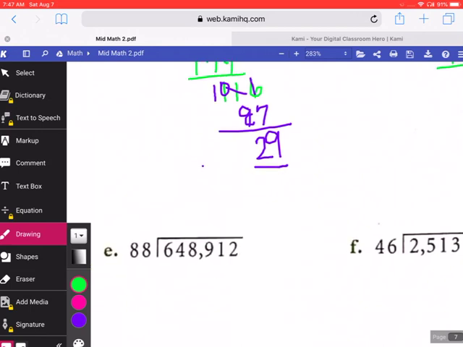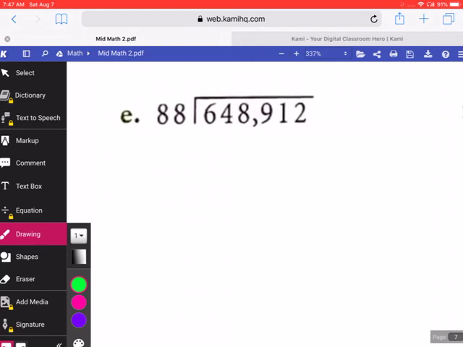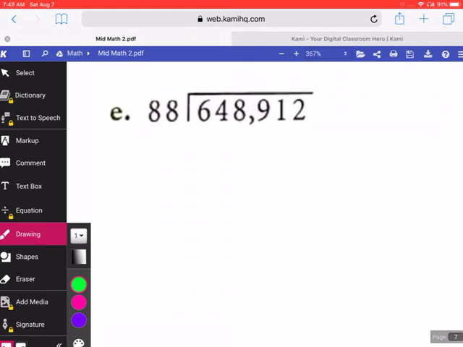And let's do this next one here. One more together. So 88, again, the 8 is more than 5, so we're going to estimate and guess with 9. So 9 would go into 64 7 times. So we're going to try it with 7.